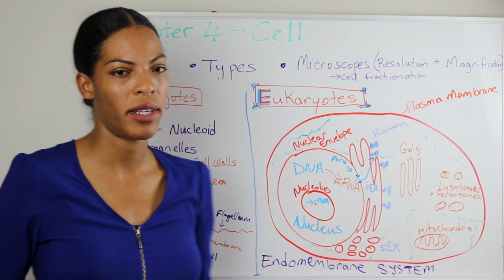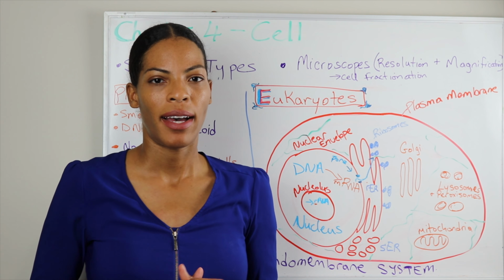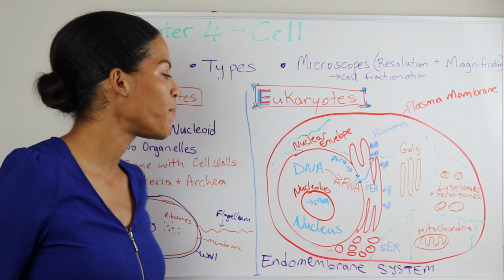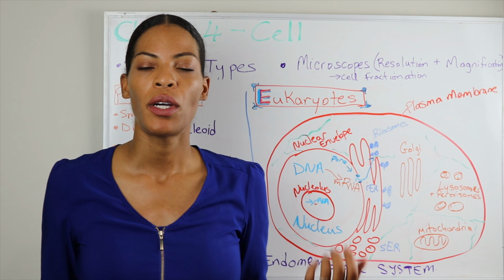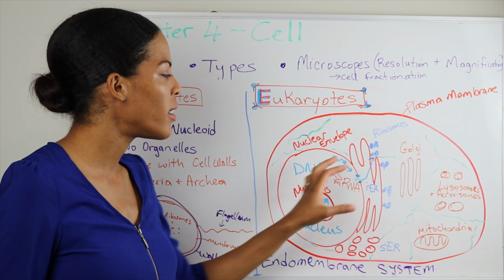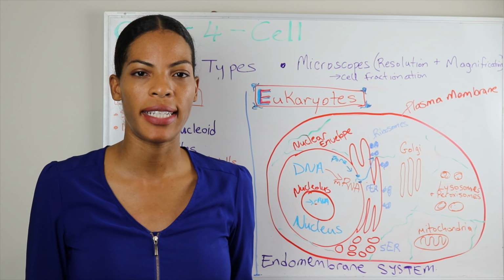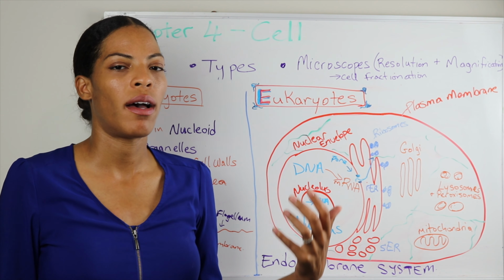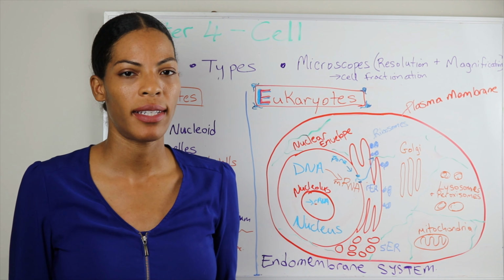And now this brings me to the one thing I want to talk about here for your cell in general. So in your cell, you have all of these different compartments, and they have different roles and different functions. And the functions, as you're hopefully seeing, are not isolated from each other. They're connected. And so now I want to talk about how different molecules move from one compartment to the next.